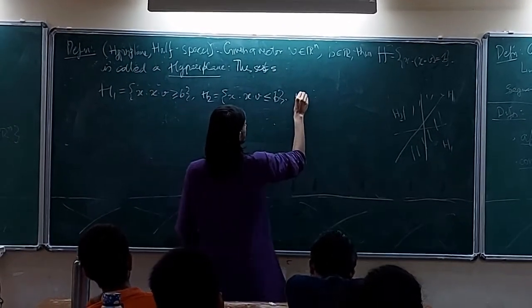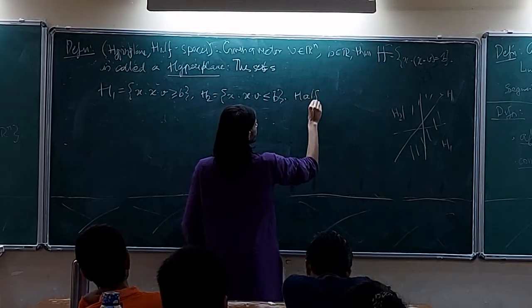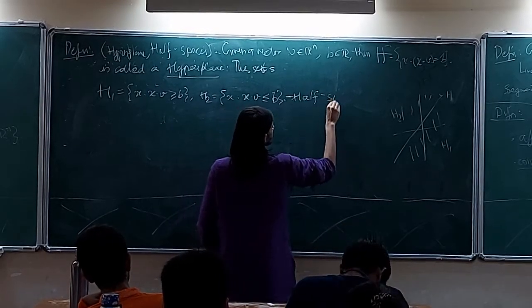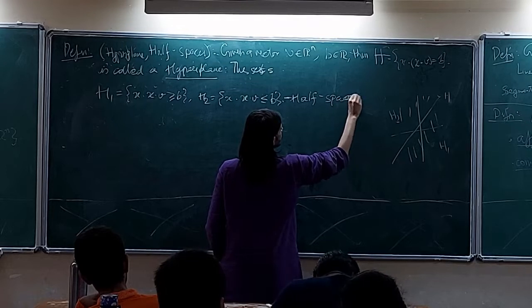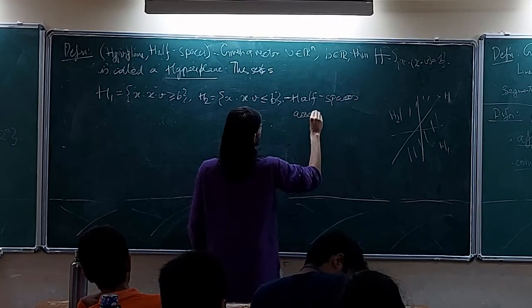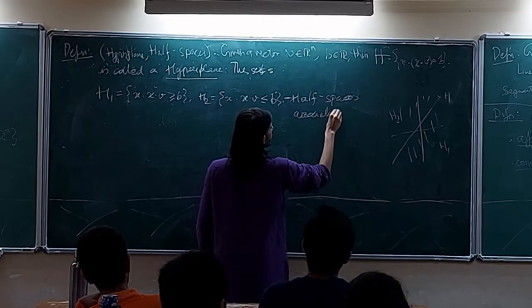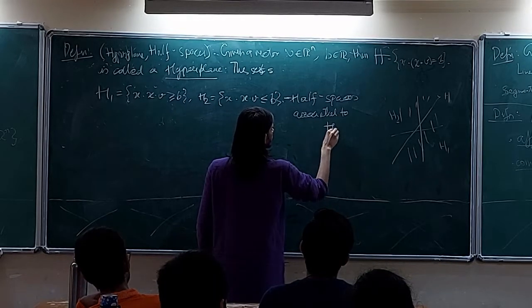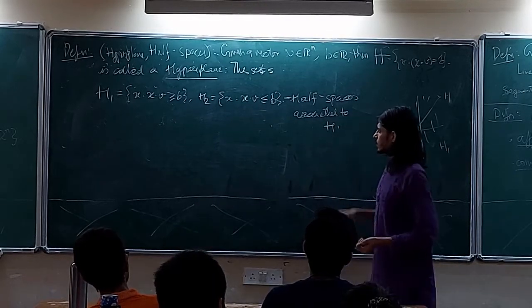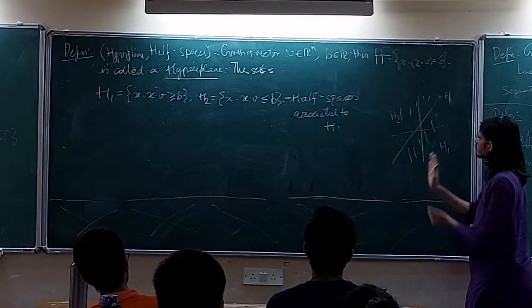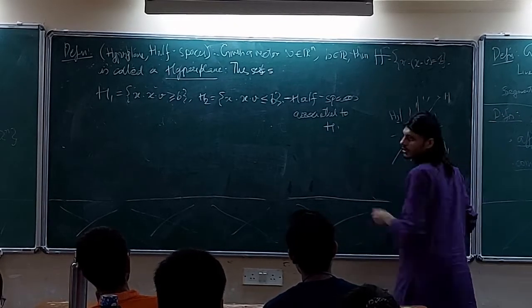These are called half spaces. The half spaces are associated to H because H helped form them. So you have a hyperplane, it forms two half spaces that are associated to it.